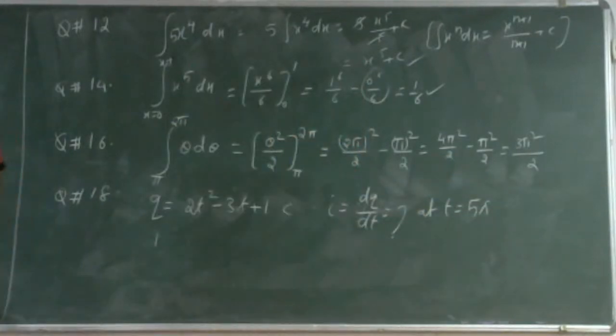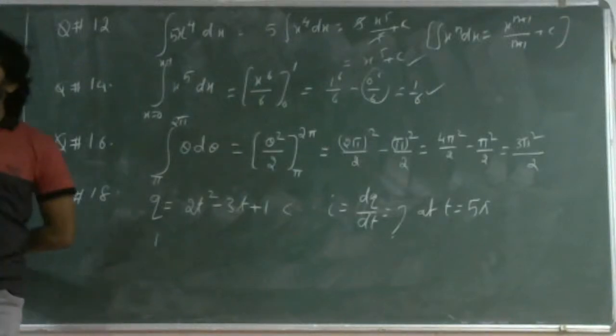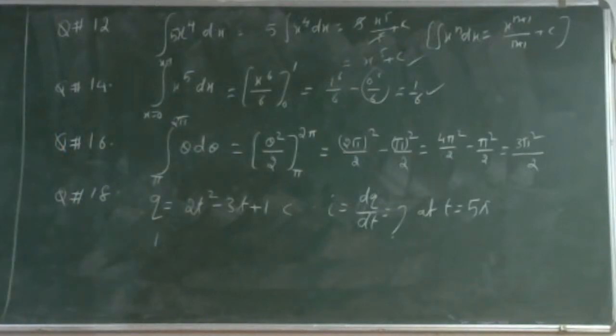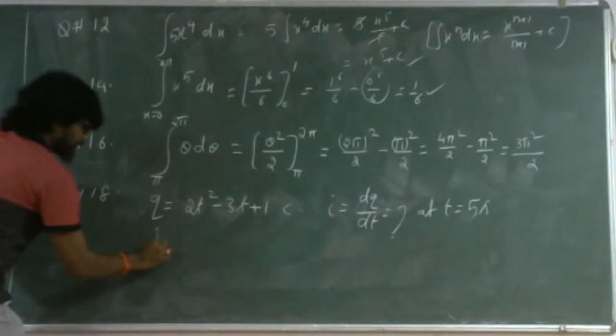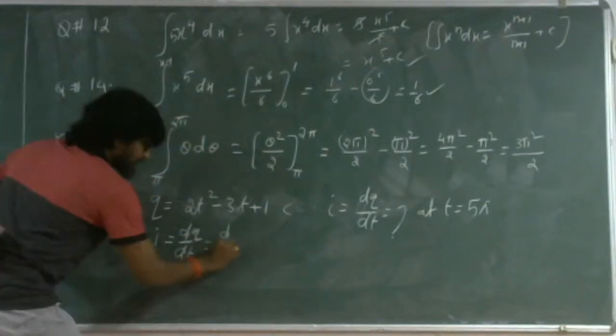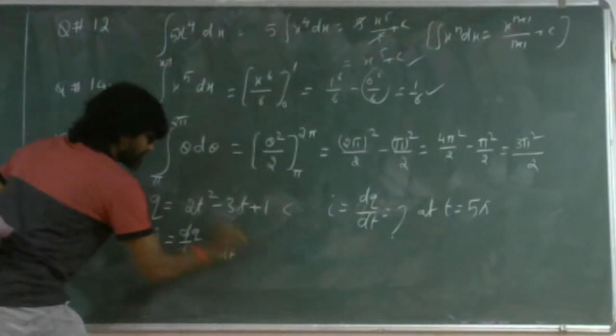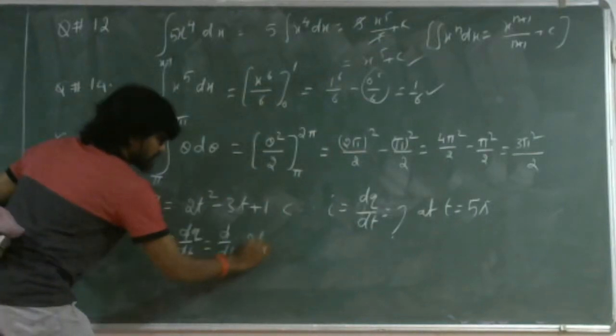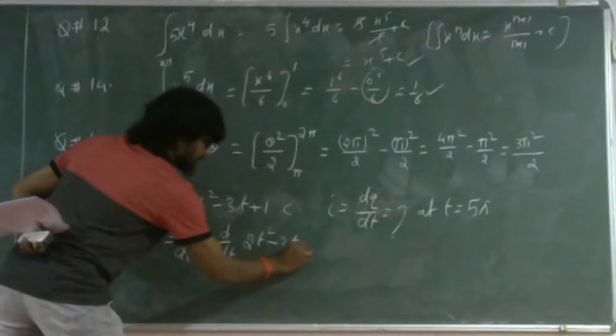Here you have to remember from your lower classes the definition of current. Current is defined as rate of change of charge, or rate of flow of charge through a conductor. So as we know, I is equal to dq by dt, which is d by dt of 2t square minus 3t plus 1.